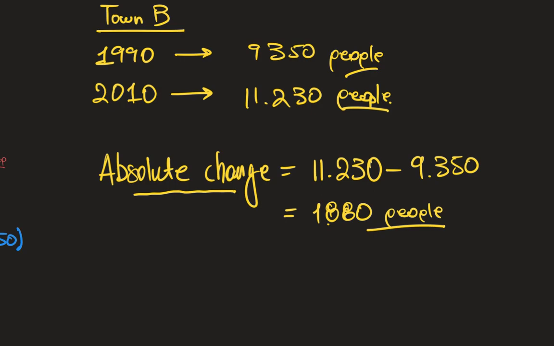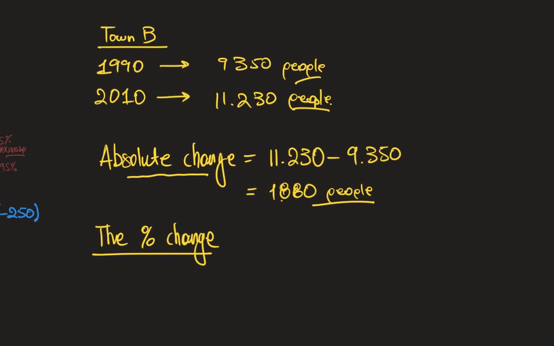But if we want to calculate the percentage change, then we're going to have to do the following calculation. From the population of 2010, so 11,230, we need to subtract the initial value of the population, 9,350.